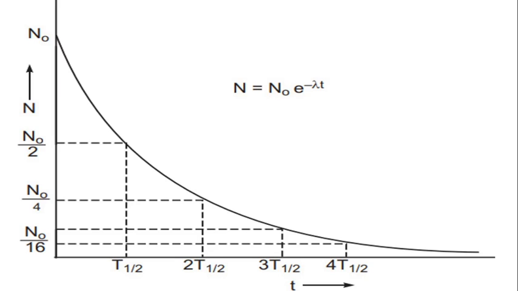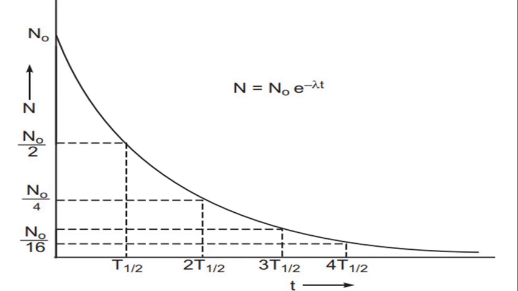So in general, the number of nuclei remaining after n half-lives will be N0 by 2 raised to n. See, initially we had N0, then N0 by 2, then N0 by 4, N0 by 8, N0 by 16 and so on.